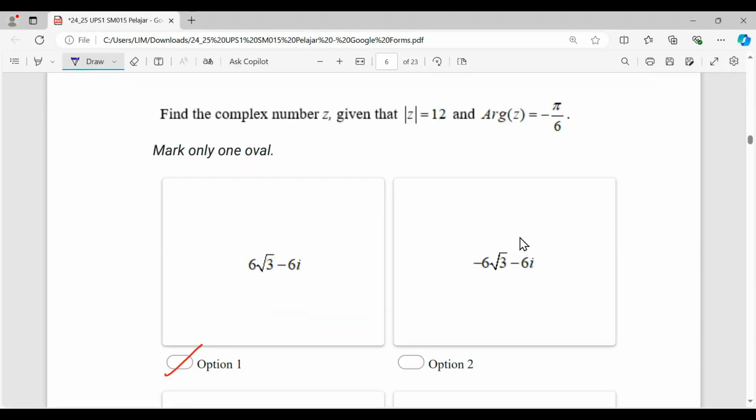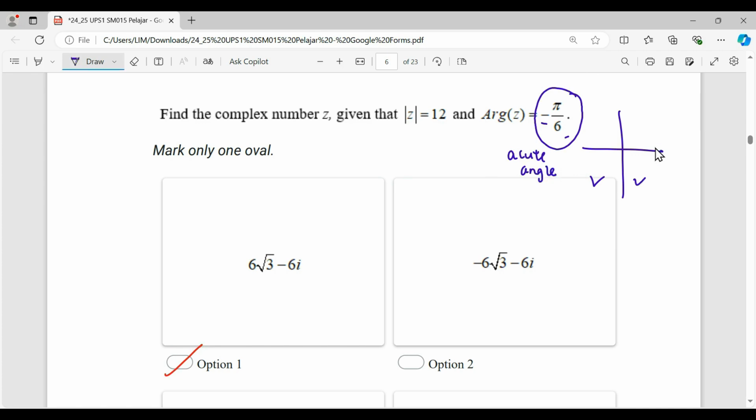Then find the complex number given that modulus z is 12 and the argument is negative pi over 6. Our argument is negative pi over 6, which means the quadrant involving a negative argument will be quadrant 4 or quadrant 3. We see the argument angle here is an acute angle.